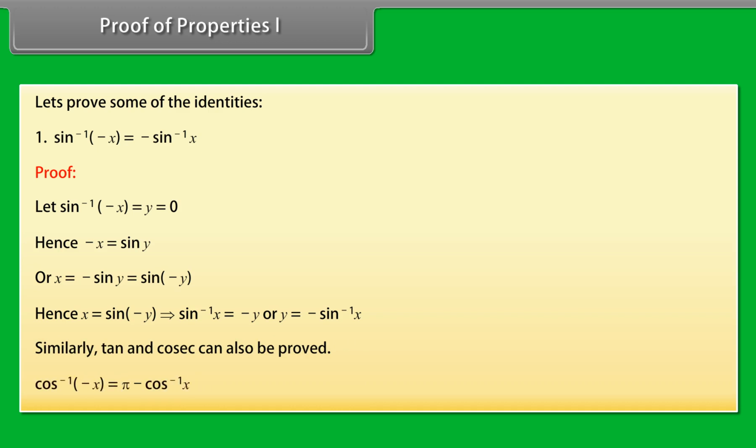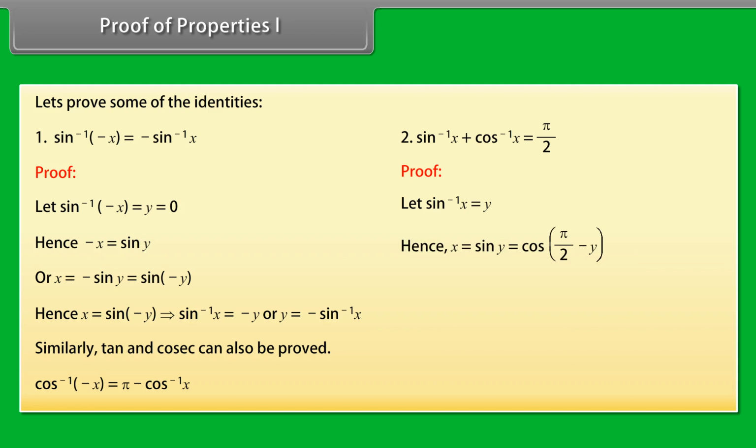Cos inverse minus x is equal to pi minus cos inverse x. Second, sine inverse x plus cos inverse x is equal to pi by 2. Proof. Let sine inverse x is equal to y. Hence, x is equal to sine y, which is cos of (pi by 2 minus y).